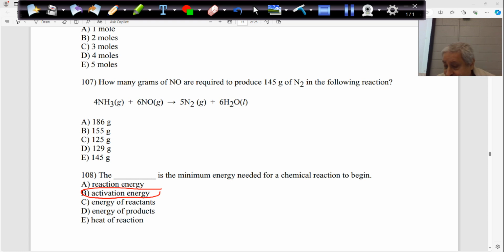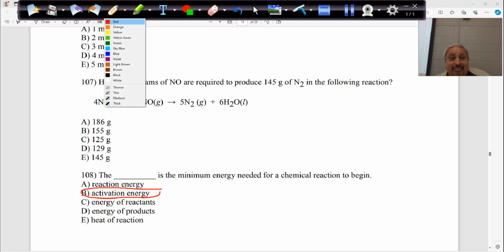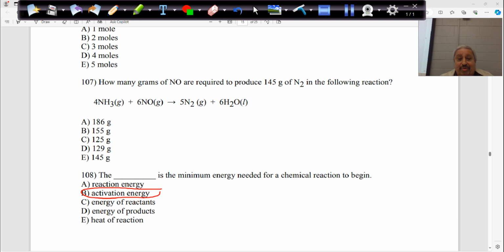Here, we have still 2 minutes. Let's set up this one here: 4 ammonia plus 6 nitrogen monoxide give you nitrogen plus water. How many grams of NO are required to produce 140 grams of N2 in the following reaction?